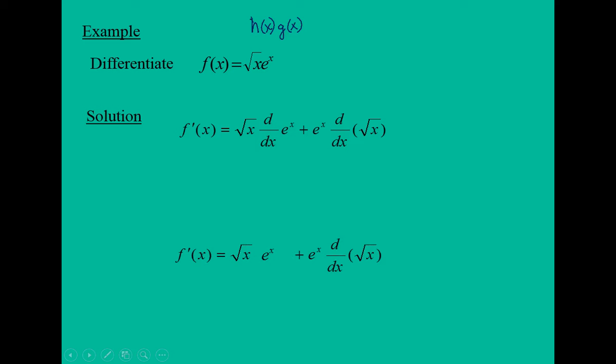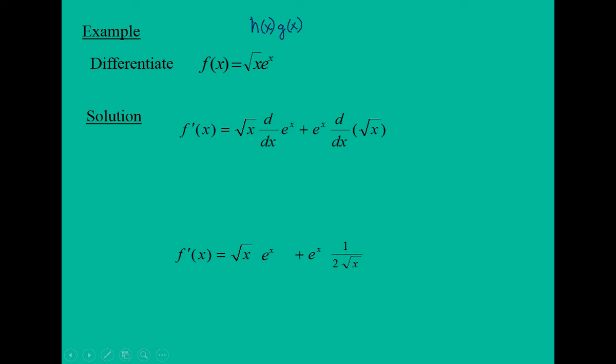Now the derivative of e to the x we know is just e to the x. The derivative of the square root of x, I changed it into x to the 1/2. Now we can apply the power rule. So now we can replace the derivative of the square root of x with 1 divided by 2 times the square root of x.